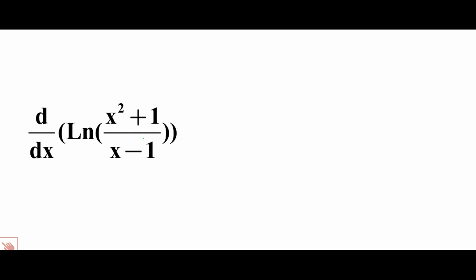Okay guys, look at this problem. The derivative of ln of x squared plus 1 over x minus 1. You can solve this problem in two ways. The first way is by using the derivative rule of the natural log, which is the derivative of the fraction x squared plus 1 over x minus 1, over this fraction.